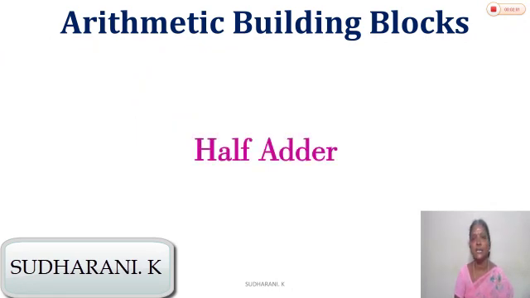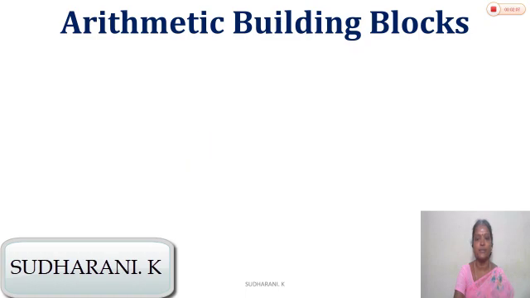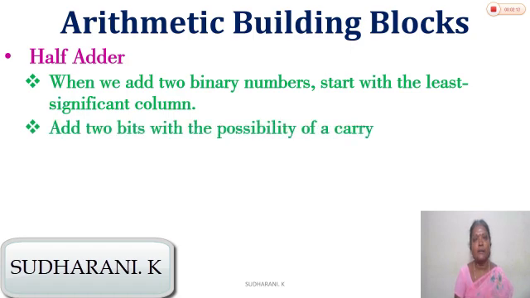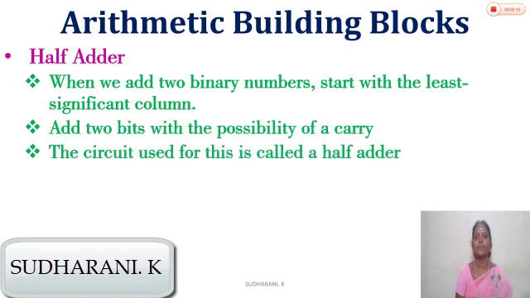The first arithmetic building block I am going to teach you is the half adder. Now let's see what is a half adder. When we add two binary numbers, we start with the least significant column, then we proceed with the next higher order column, and this will be continued until we reach the most significant column.